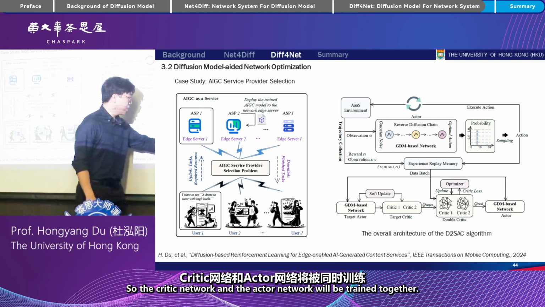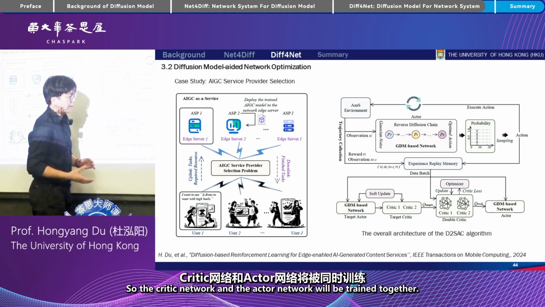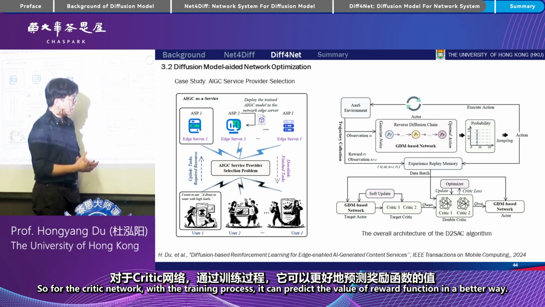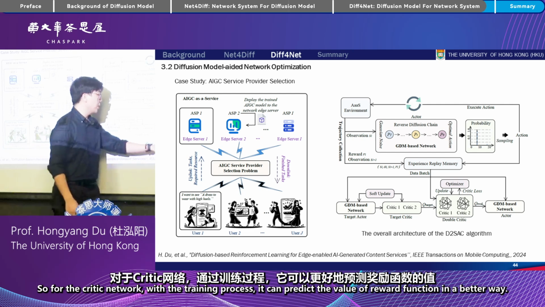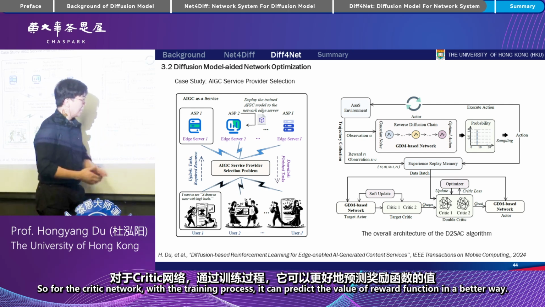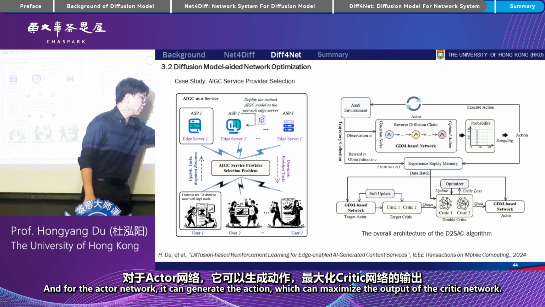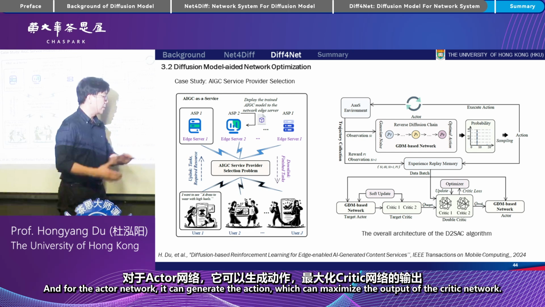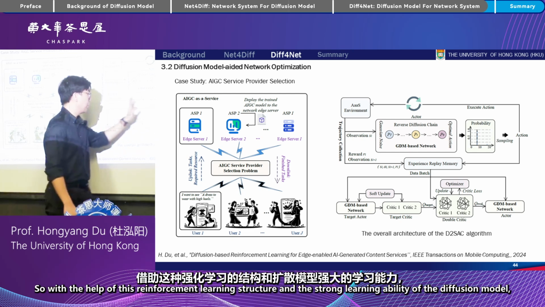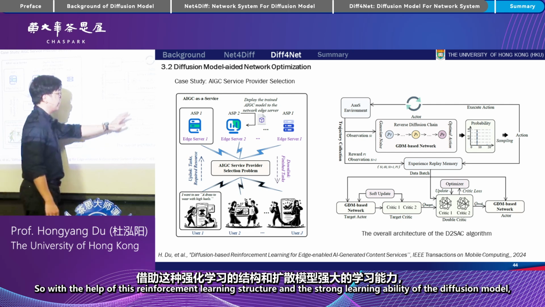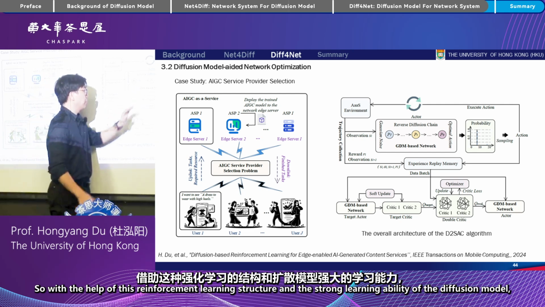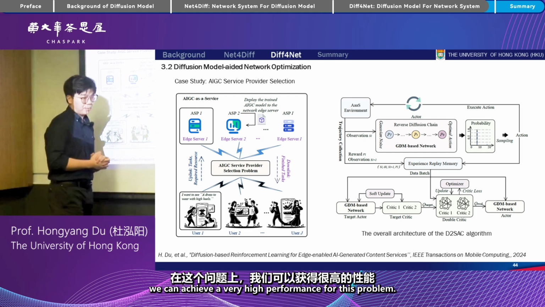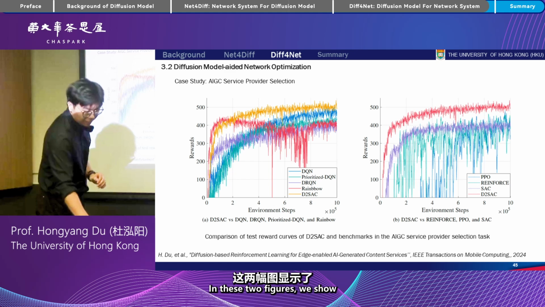So the critic network and the actor network will be trained together. With the training process, the critic network can predict the value of the reward function in a better way. And the actor network can generate the action which can maximize the output of the critic network. So with the help of this reinforcement learning structure and the strong learning ability of the diffusion model, we can achieve a very high performance for this problem.